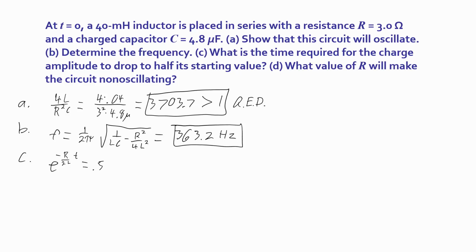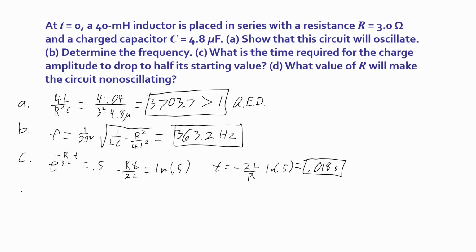And then we just have to solve for t, so we're going to get negative RT over 2L equal to the natural log of 0.5. Solving for t, T equals negative 2L over R times the natural log of 0.5, and that works out to be 0.018 seconds.